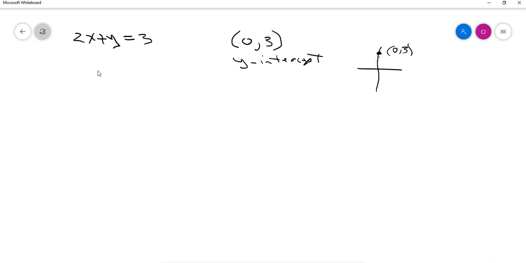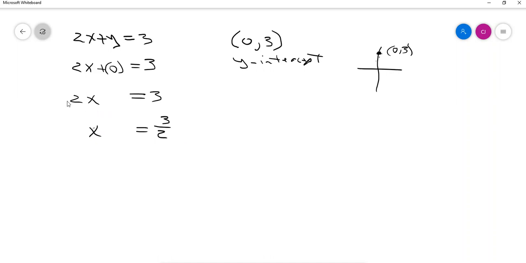Let's find the x-intercept. So 2 times x plus 0 equal to 3. Well, that's 0, so we get 2 times x equal to 3. Divide both sides by 2. We get x equal to 3 over 2.